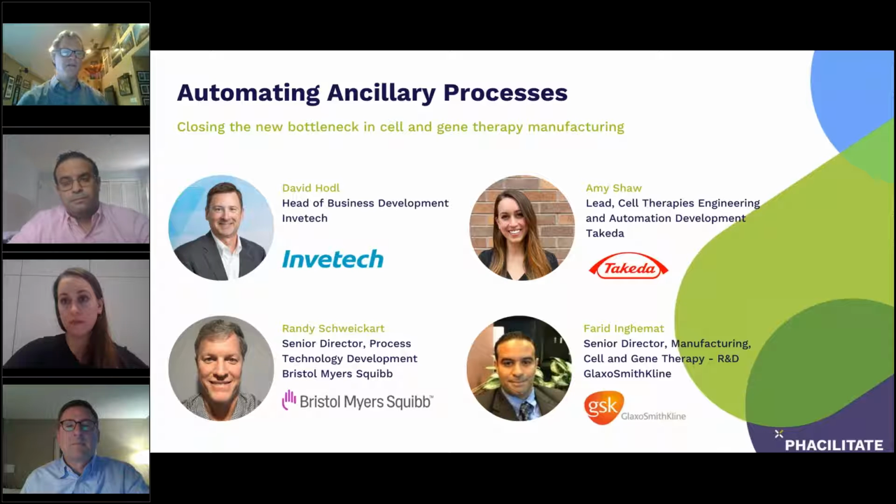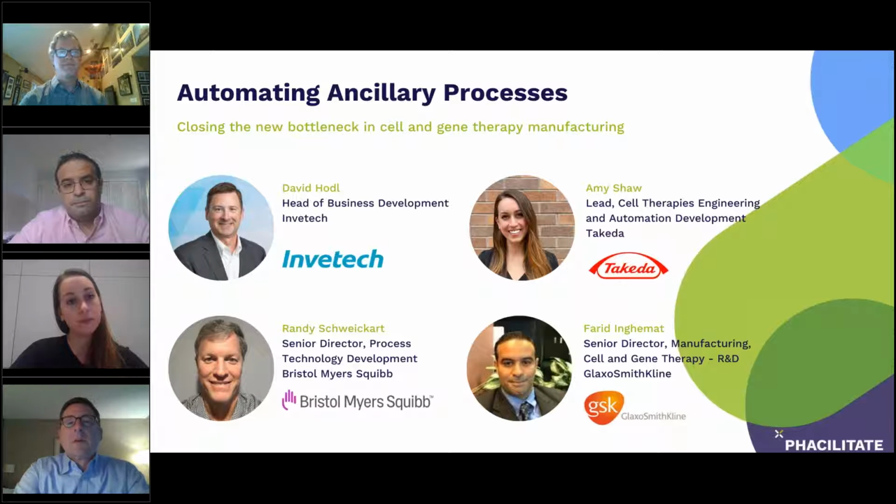Then the automation aspects, especially in the ancillary space, were the next step, indicating that we can do this even more efficiently if we take what we've done a really good job with in the core processing and apply those principles to the ancillary process as well.